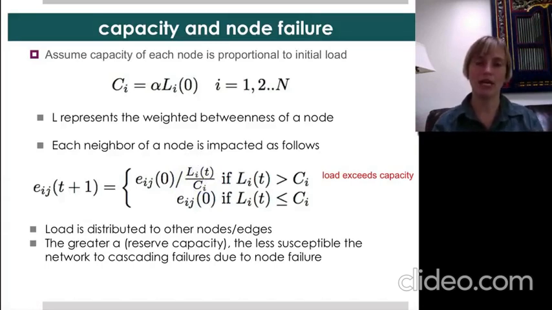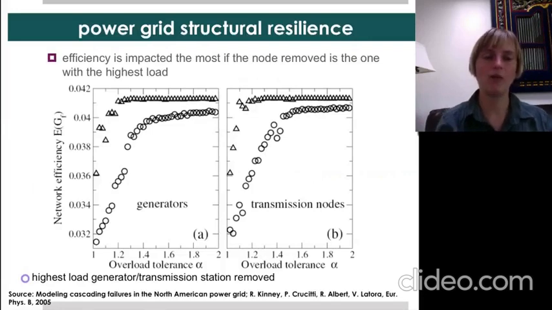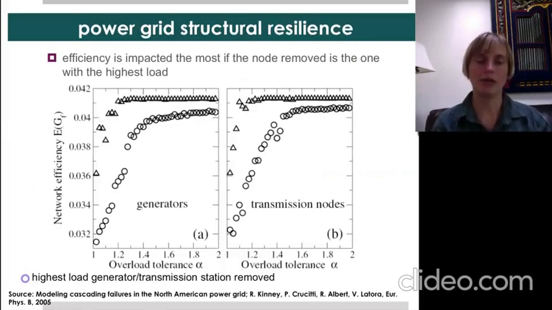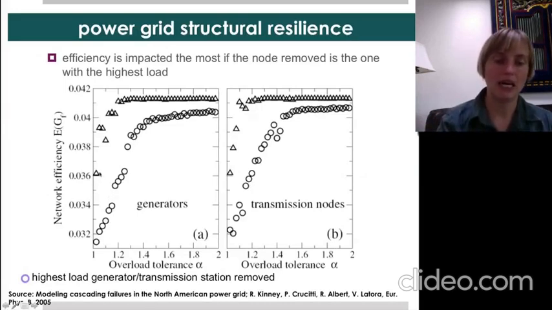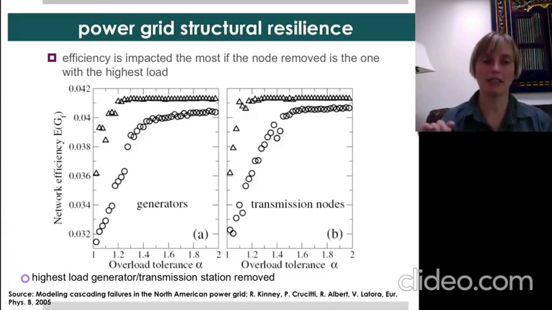One node exceeding its capacity now puts that load on its neighbors, who in turn can fail, and those nodes in turn might then distribute their load to their neighbors, etc. And what in this paper they measured, simulating but on the real topology, is what happens if you just remove nodes at random.